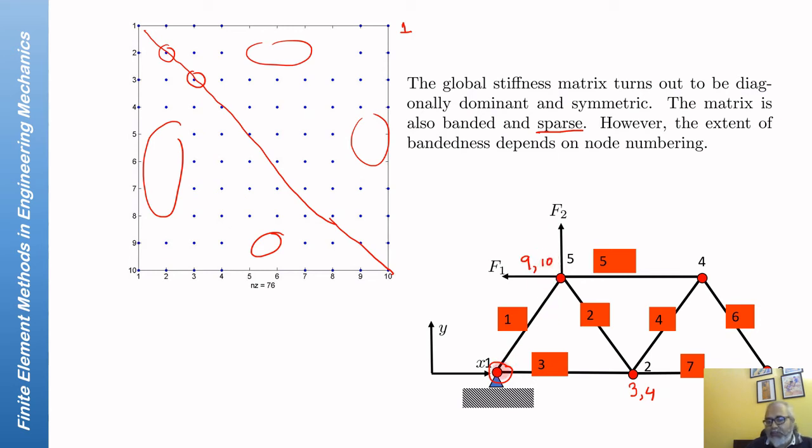So when you assemble element number 1, you will make contributions to 1,1, 2,2, 9,9, and 10,10. So your matrix will fill up, your first column will fill up 1,1, 1,2, 1,9, 1,10, and these are that 1,9 and 1,10 here.